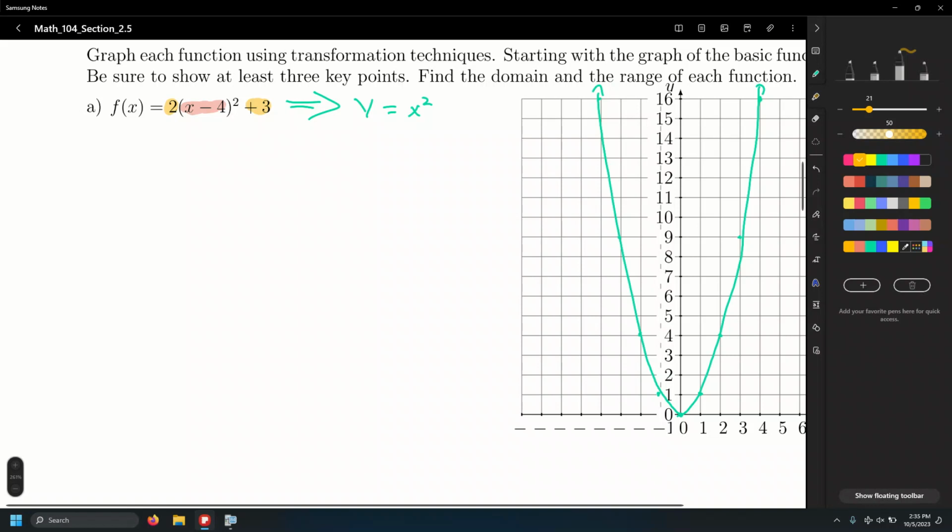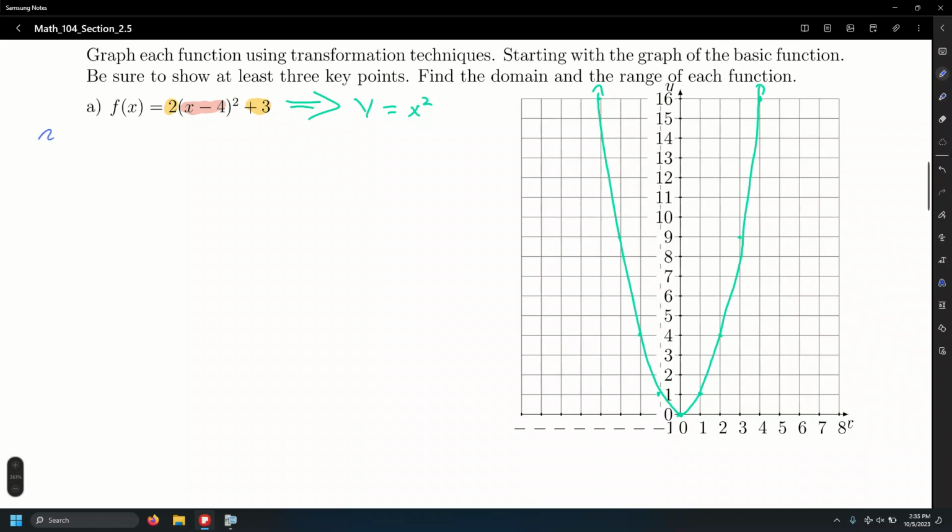All right, let's state them one at a time. So number 1, this is f of x equals 2 times x minus 4 squared plus 3, compared to x squared.